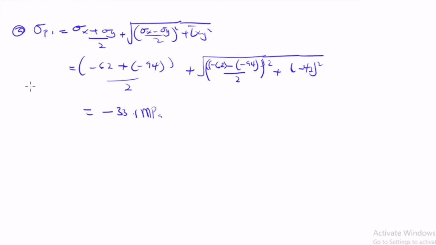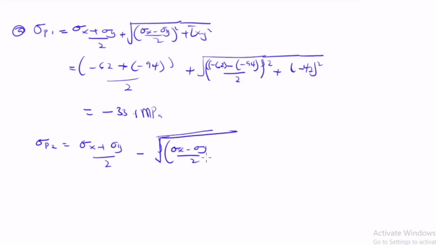Let's solve for the second one. In that case, we're going to get sigma x plus sigma y divided by 2 minus the square root of sigma x minus sigma y all over 2, squared, then plus tau xy squared.